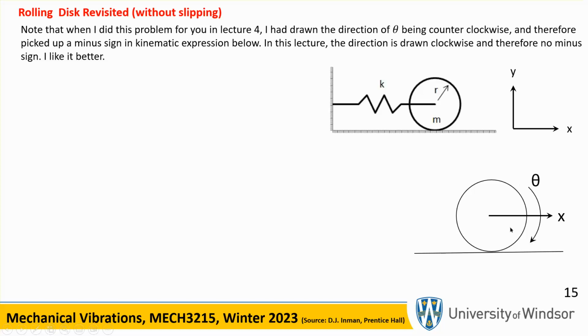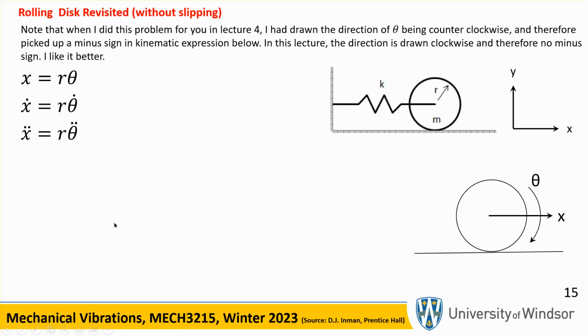Keep in mind that if this disk rolls without slip to the right, theta would actually rotate like this. But in that lecture, on purpose, I drew it in the opposite direction. This is why when we came up with the kinematic equation, we ended up with a minus sign here: x equal to minus r theta, and therefore x dot equal to minus r theta dot, etc.